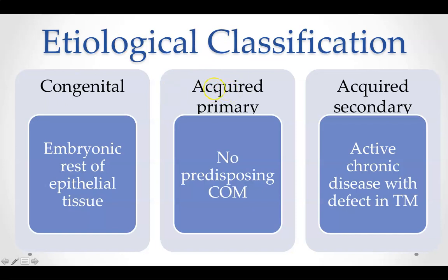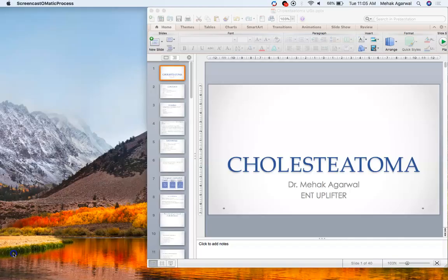In acquired primary, there is no predisposing factor like chronic otitis media. In acquired secondary, there is active chronic disease with a defect in the tympanic membrane. It is very difficult to distinguish between acquired primary and acquired secondary on a clinical basis. So that's about the etiological classification.